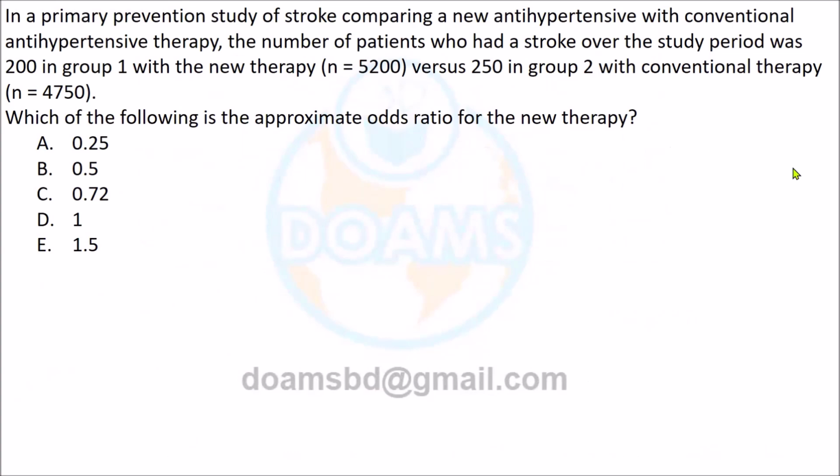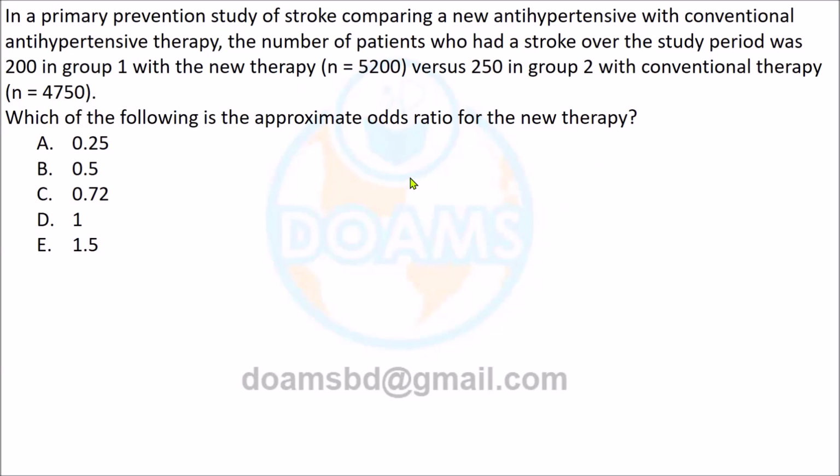In a primary prevention study of stroke, comparing a new antihypertensive with conventional antihypertensive therapy, the number of patients who had a stroke over the study period was 200 in group 1, with the new therapy, out of 5,200, versus 250 in group 2, with conventional therapy, out of 4,750. Which of the following is the approximate odds ratio?